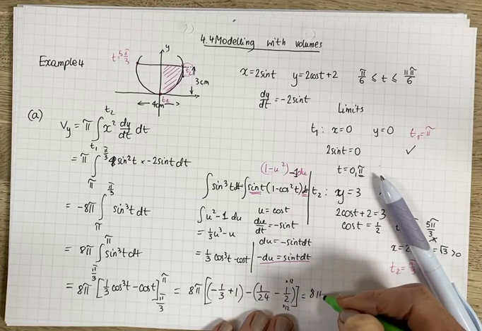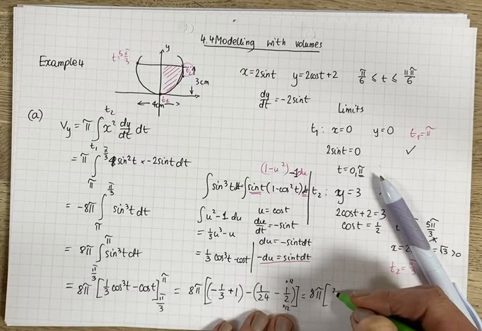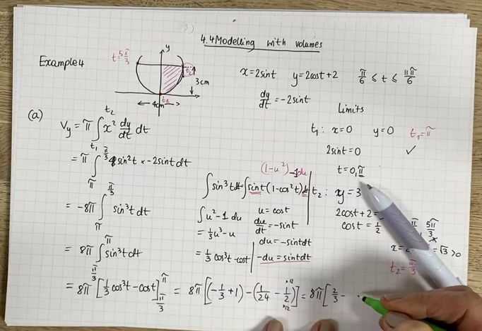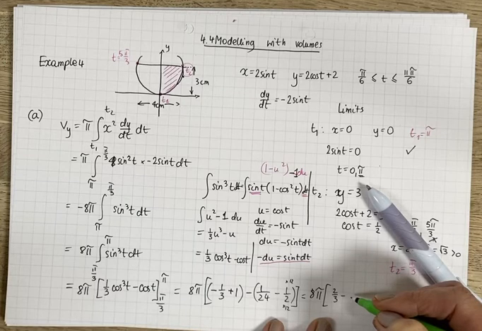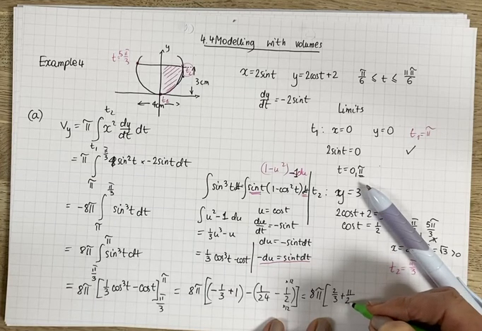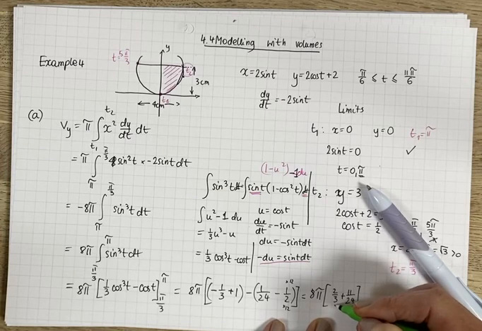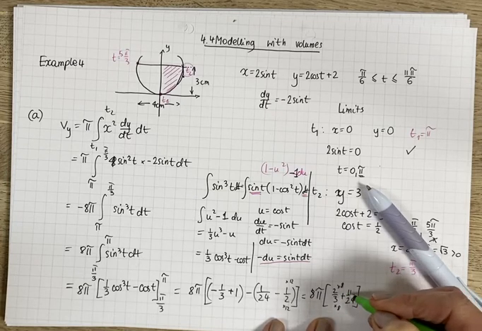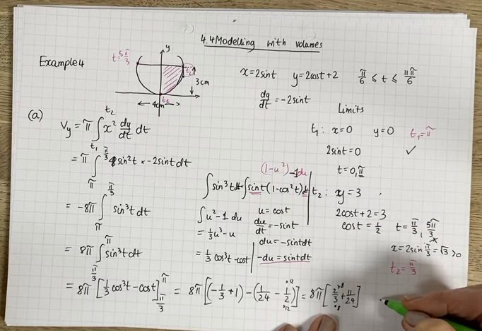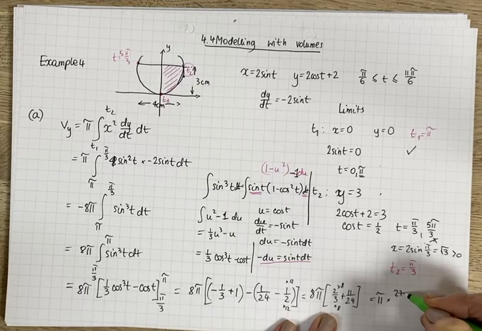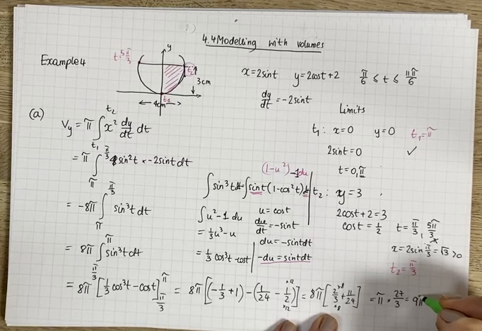So we have 2/3 minus, and you're going to have minus 11/24, so plus 11/24, which gives me, times this one by 8, 16 add 11 is going to be 27 over 24 times 8, so it's 27 over 3, which is 9 pi.